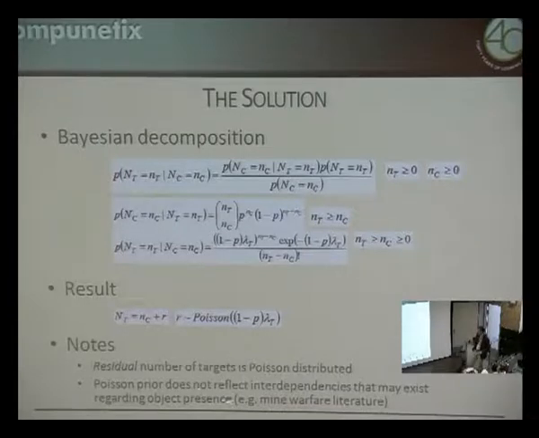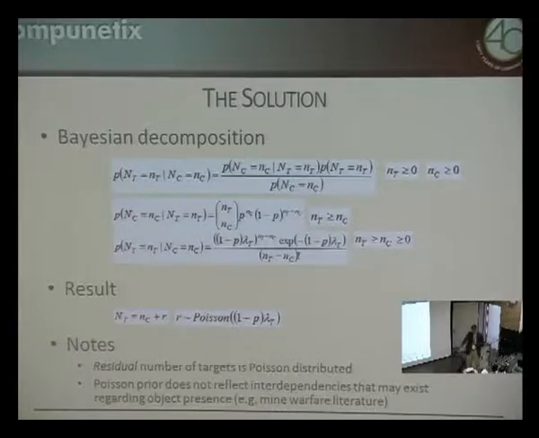But the nice thing to note is that in the target tracking community, we're very happy to keep things simple and to consider targets to be independent. In other contexts, that's not the case. For example, in the mine warfare community, undersea mine warfare detection problems, if you detect a mine, that tells you something.